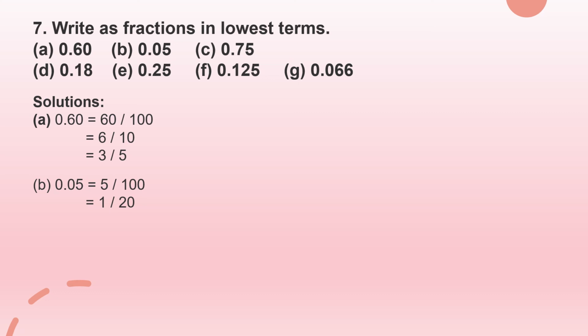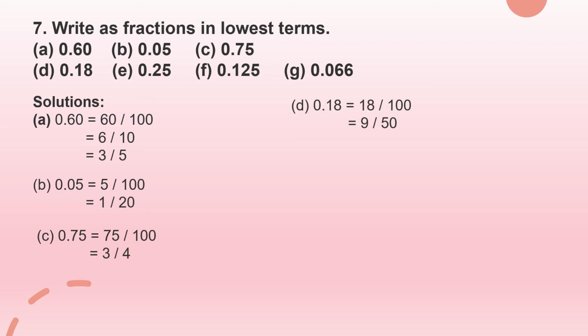Next question 0.05, that is 5 by 100. That is equal to 1 by 20. Next one 75 by 100, that is equal to 3 by 4. 3 into 25, 4 into 25 is 100. So 25 will get cancelled. We get 3 by 4.